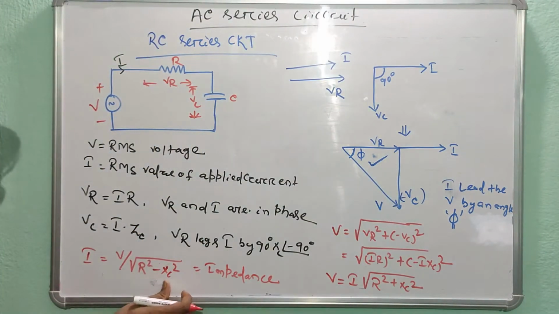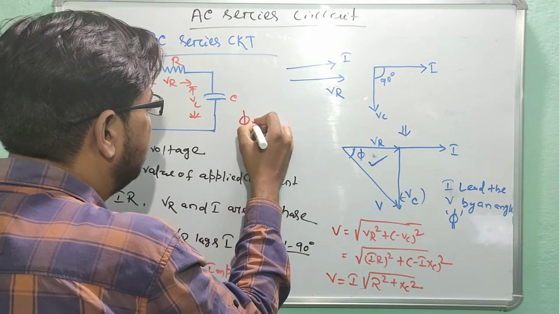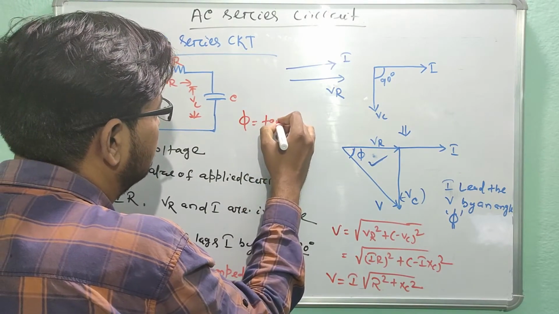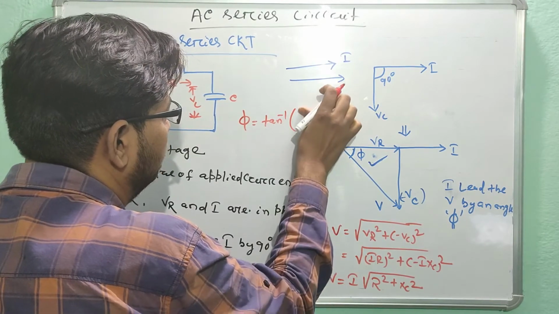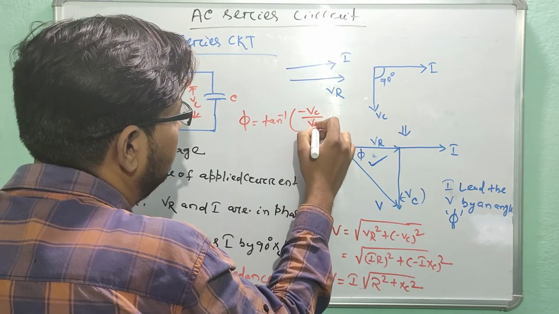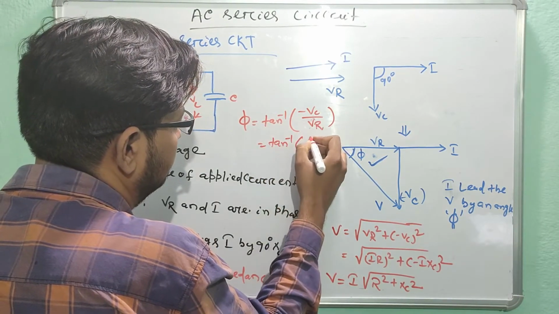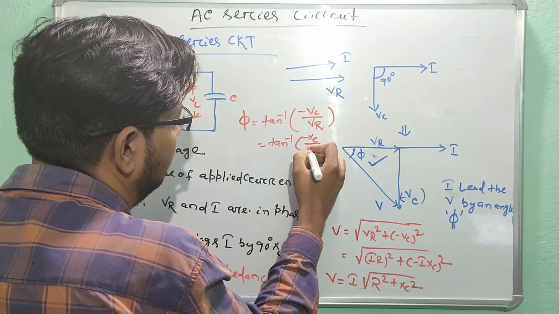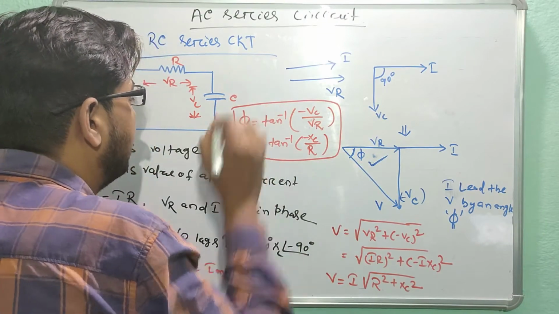So what is my impedance angle phi? The impedance angle phi is equal to tan inverse minus VC by VR, or tan inverse minus XC by R. This is my impedance angle phi.